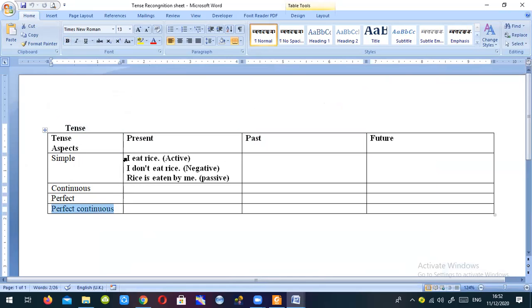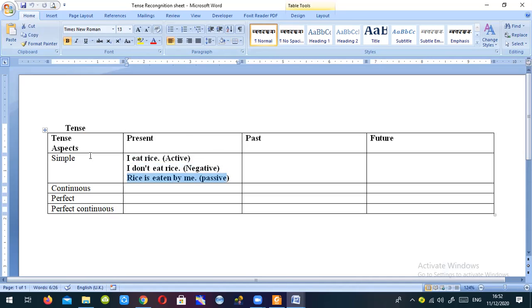And I've written here three sentences: one active sentence, "I eat rice," a very simple sentence, and a negative form. You can write other sentences also; these are sample sentences. And this one is in passive.